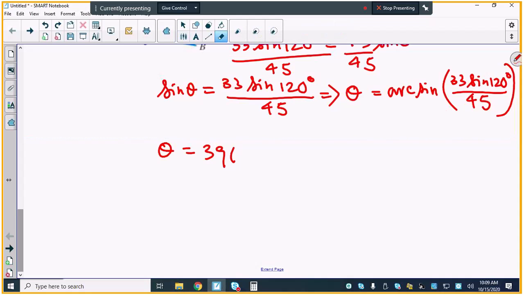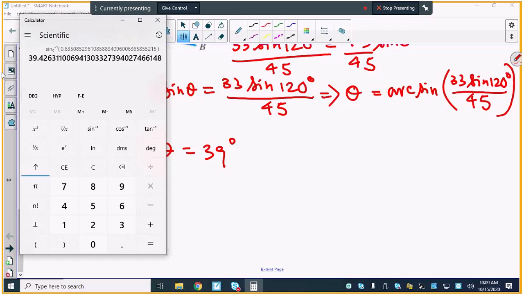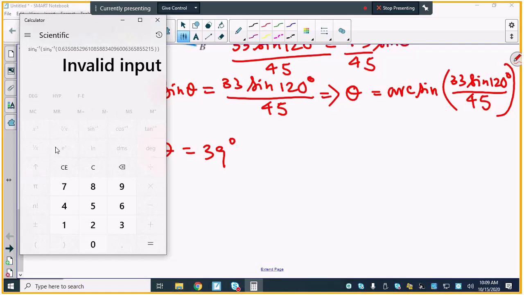Now there comes my first analysis of multiple solutions. What do I mean by that? I have found one value for theta, which is 39 degrees. And remember what we did: we took the arc sine, or sine inverse, of the given value.